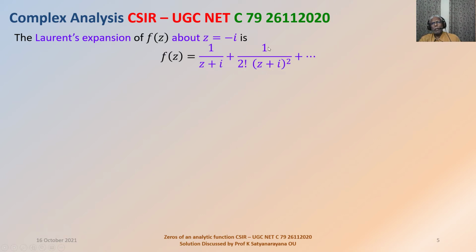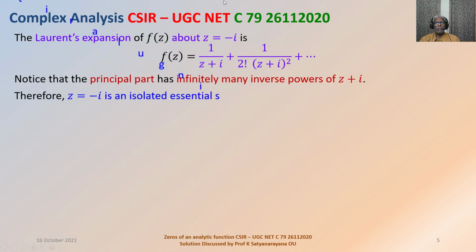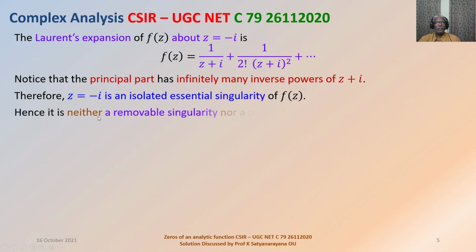And if the principal part has infinitely many negative powers of z plus i, then z is equal to minus i is an essential singularity. Here we notice that the principal part has infinitely many inverse powers of z plus i. Therefore, z is equal to minus i is an isolated essential singularity of f of z. Hence, it is neither a removable singularity nor a pole.